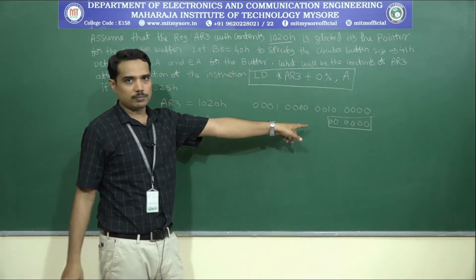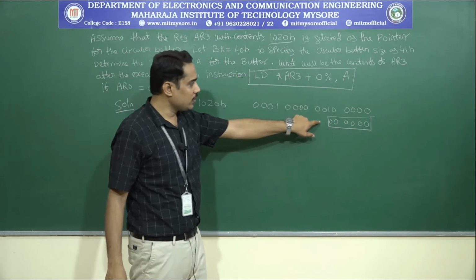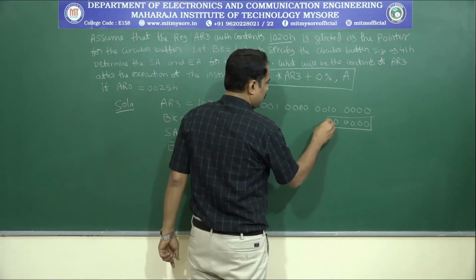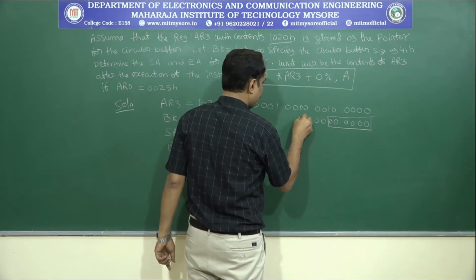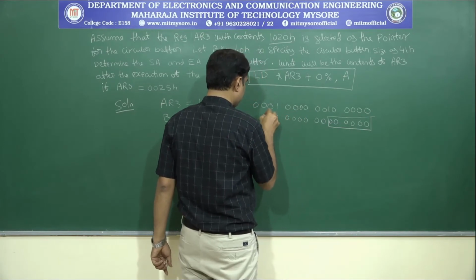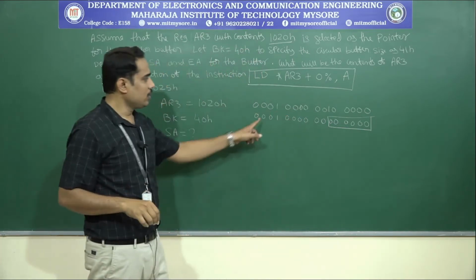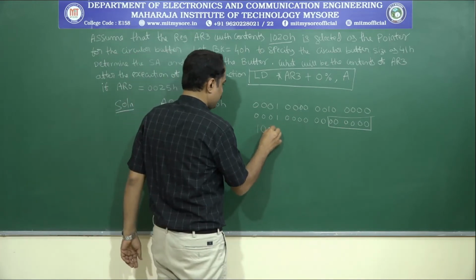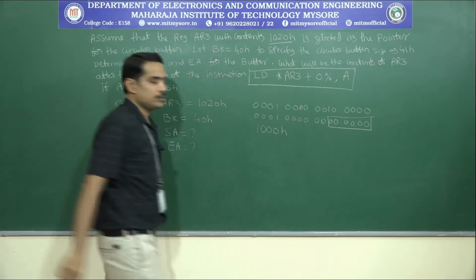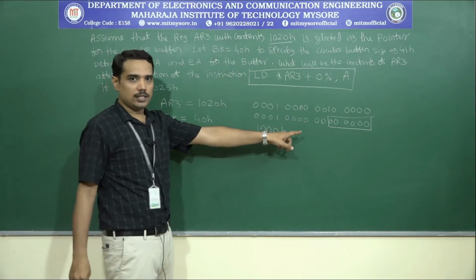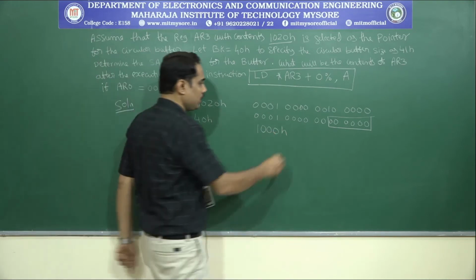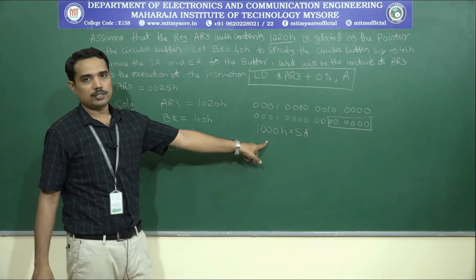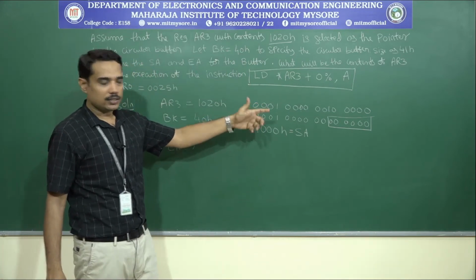After filling the 6 LSBs with 0, I have to retain the original values of AR3, and then I am going to get 1000H. This 1000H is the start address. From 1000H, the circular buffer is getting started.